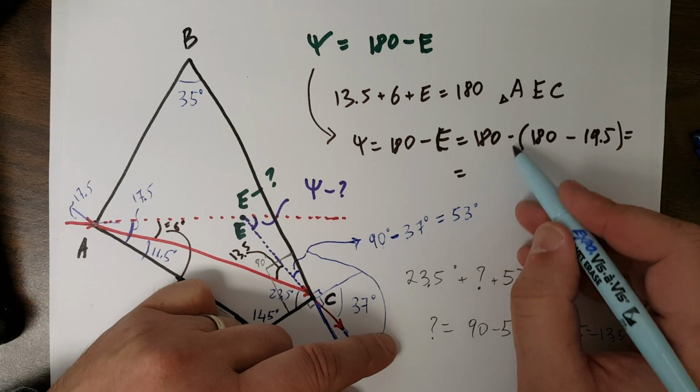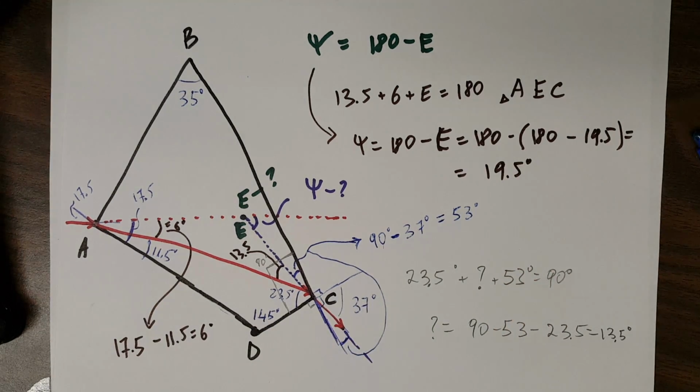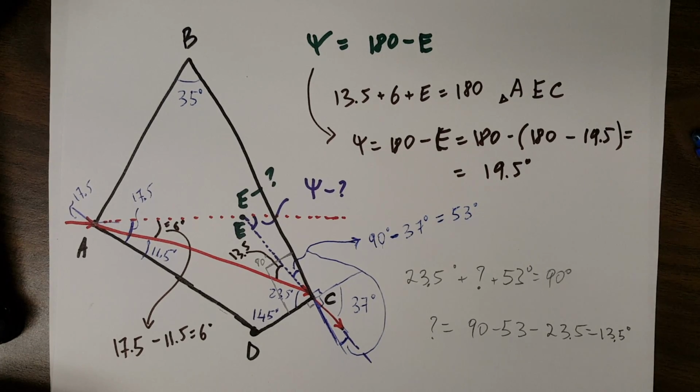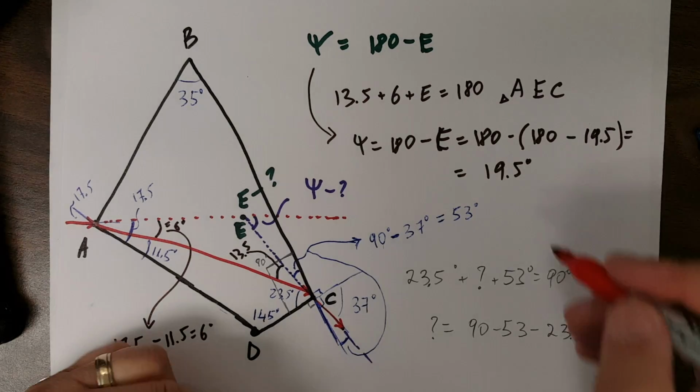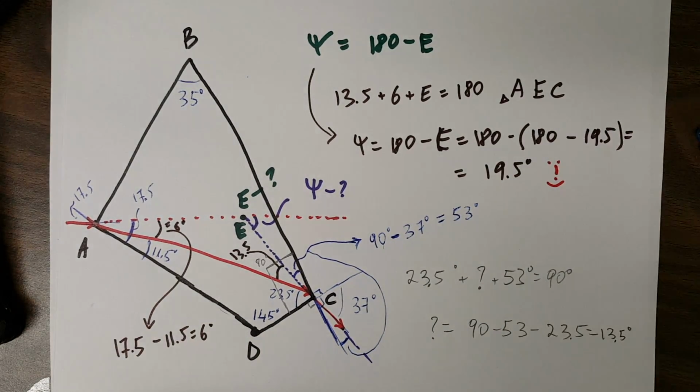They cancel each other. Minus and minus makes it plus. So 19.5 is the angle of deflection. Done.